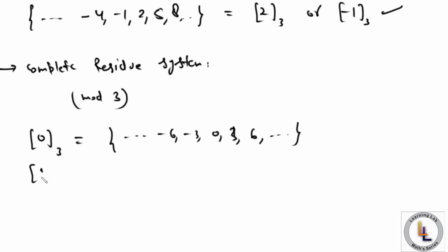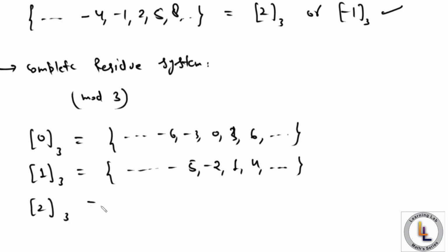The second is the set -5, -2, 1, 4 and so on. The third residue class is the set -4, -1, 2, 5 and so on.